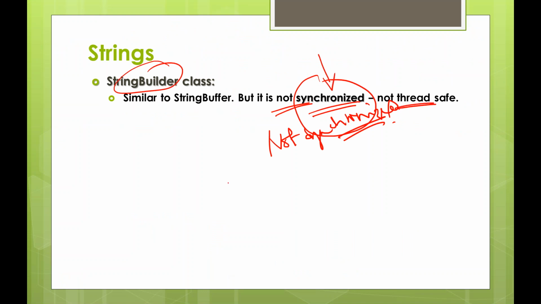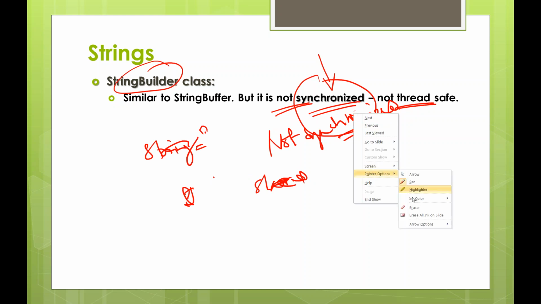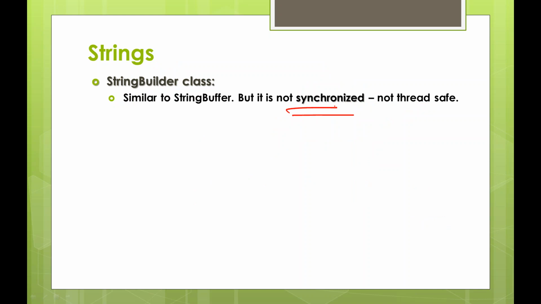For example, say you have one variable. I'm trying to explain what synchronization is. You have one particular string, str is equal to Java.